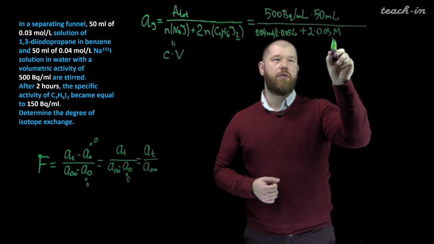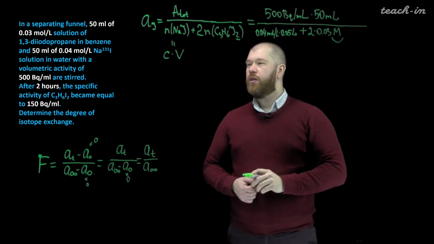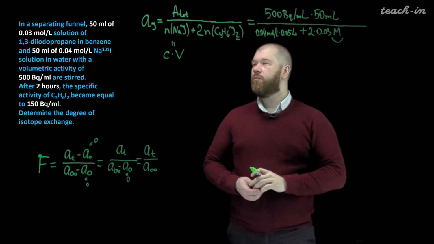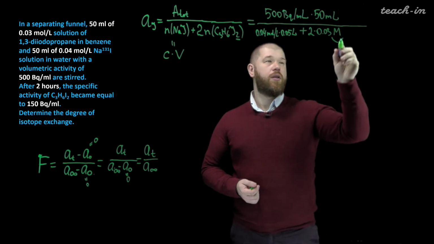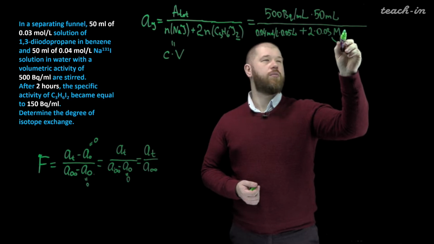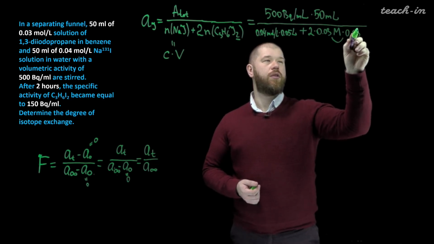Very often mole per liter is denoted as just a capital letter M, and multiplied by the same volume, 0.05 liters.